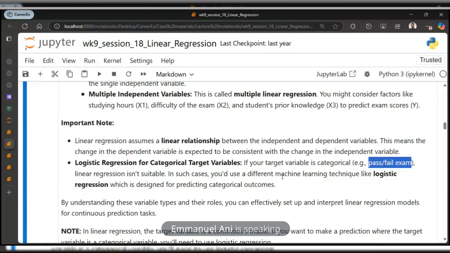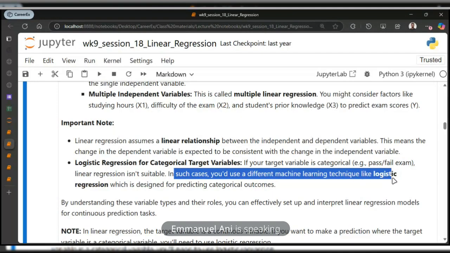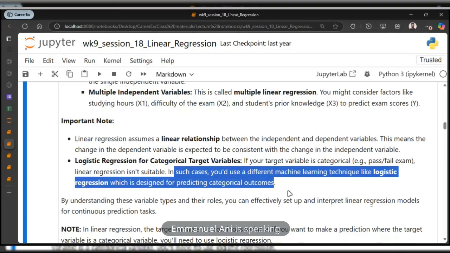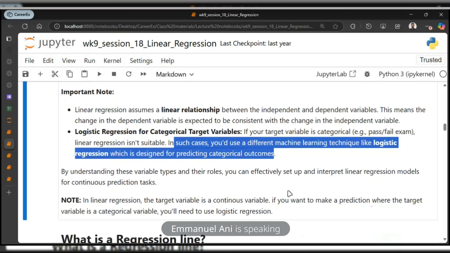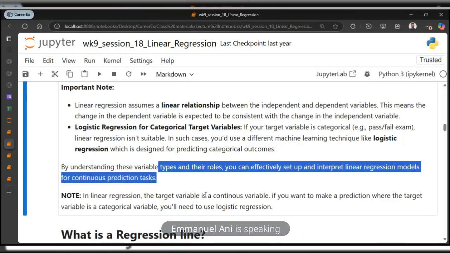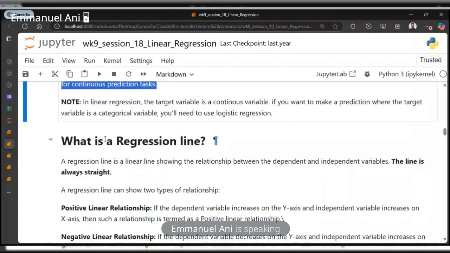In such cases, you use a different machine learning technique like logistic regression, which is designed for predicting categorical outcomes. By understanding these variable types and their roles, you can effectively set up and interpret linear regression models for continuous prediction tasks. You can read up on all of the other ones that we have there.